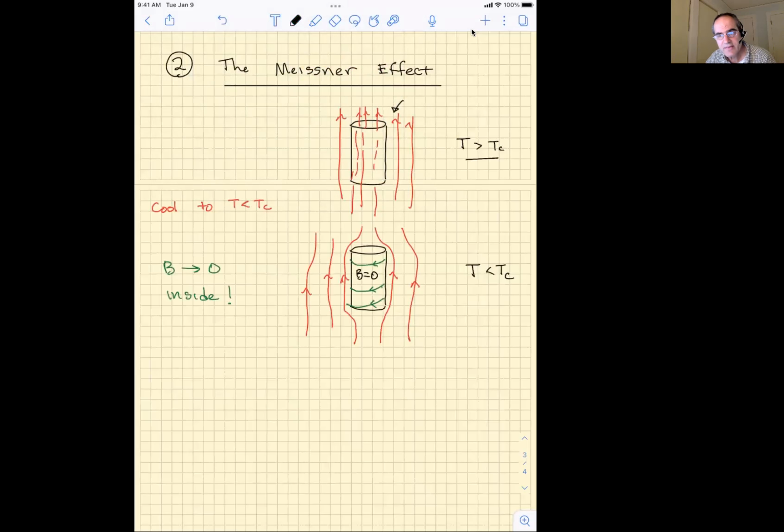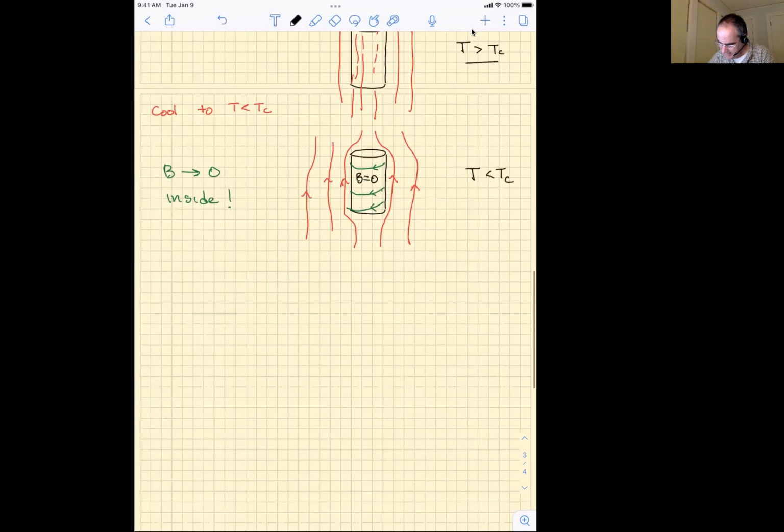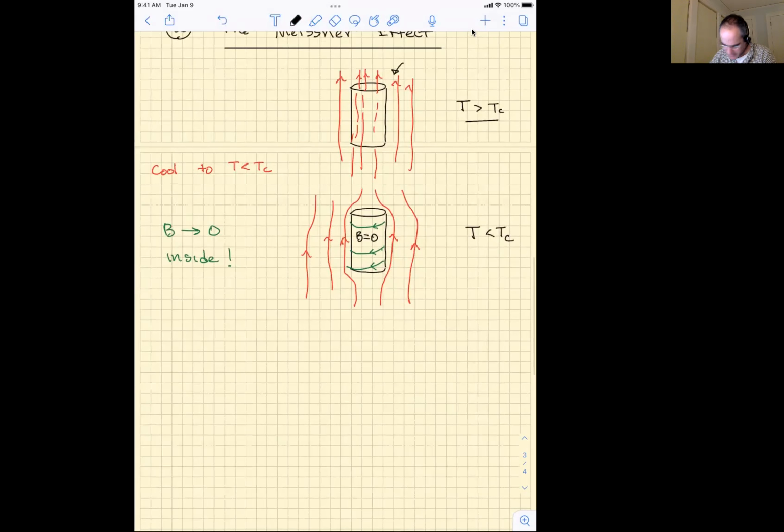Now, interestingly, the Meissner effect is not just a consequence of perfect conductivity. It's not like the persistent currents that we talked about a minute ago. Instead, it's something else. And we can illustrate that. Here, let's imagine what would happen in a perfect conductor.